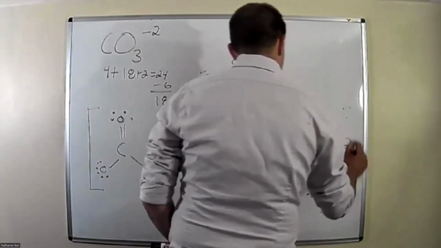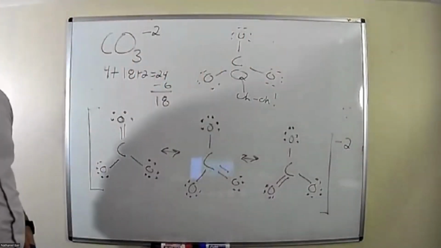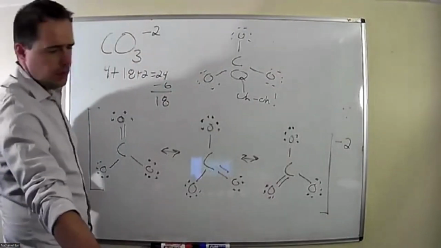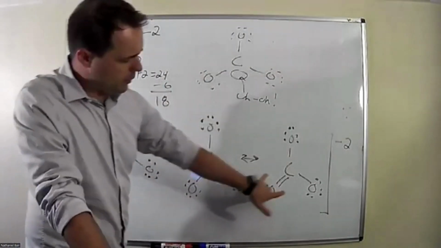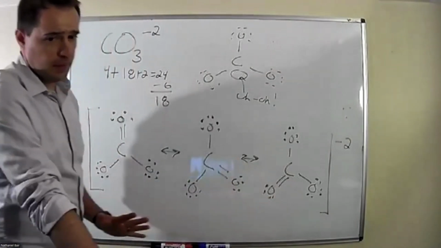And a -2 charge on the outside. Take a second, check yours. Do you have all 3 resonance structures? Double bonded all 3 different places. Take a second, catch up.